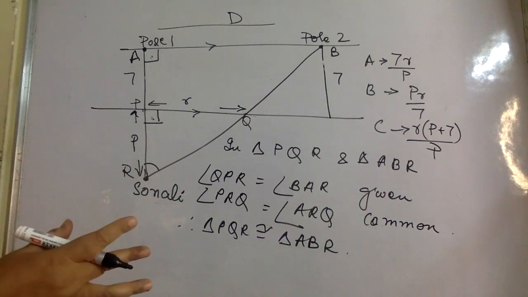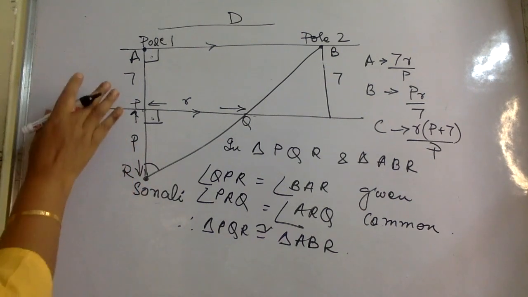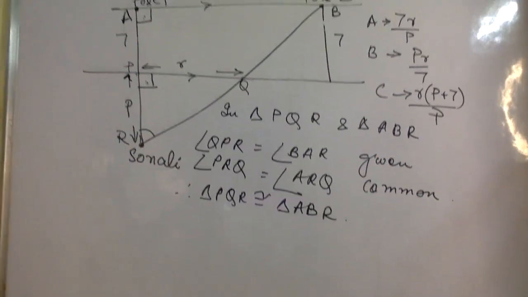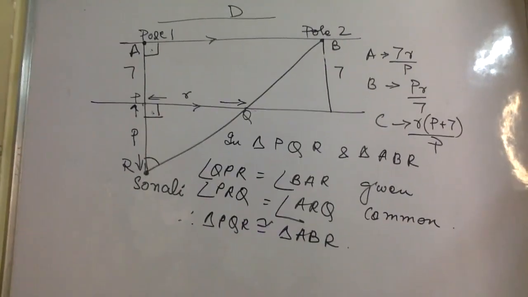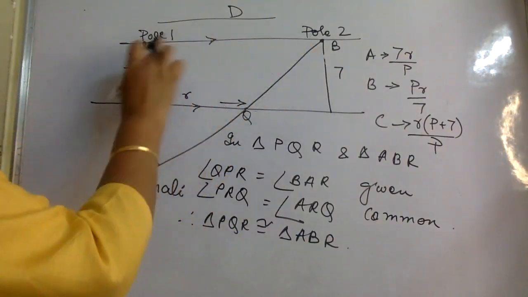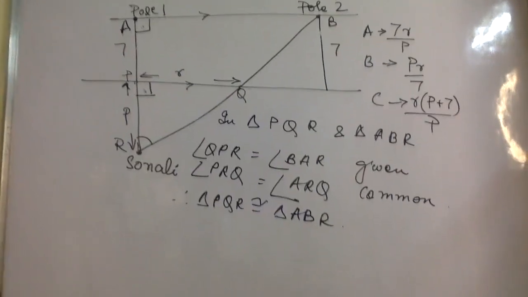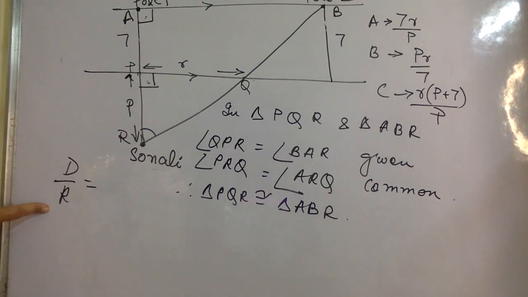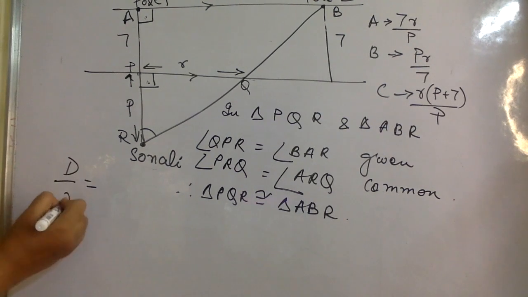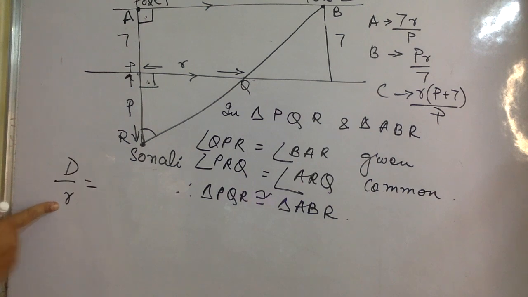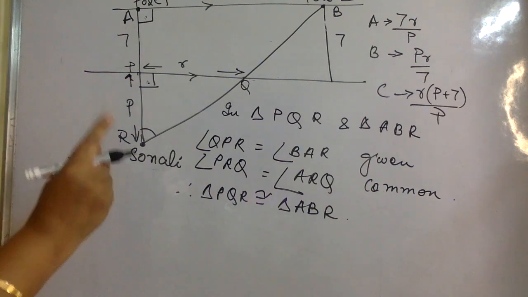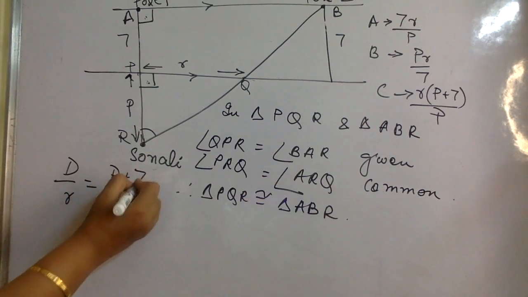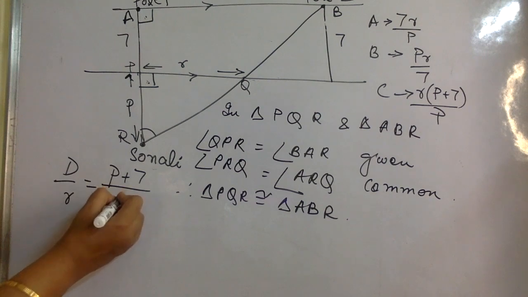Once similarity has been established, we know that the ratio of the sides are equal. Okay, so now we are going to show that the ratios of the sides are equal, and remember one thing, we are definitely going to include this distance d because we want an expression for it. So we can take d by r for the small triangle, sorry, d by small r, and that is equal to, now if we take this side of the triangle, for the big triangle it is p plus 7, for the small triangle it is p.